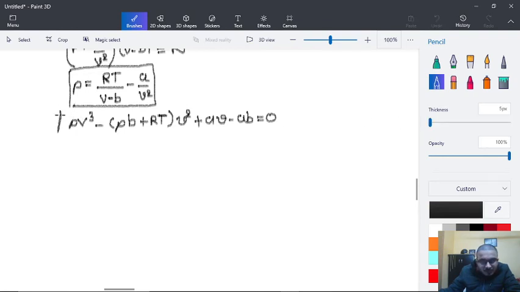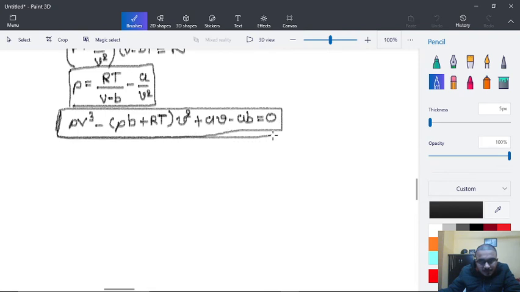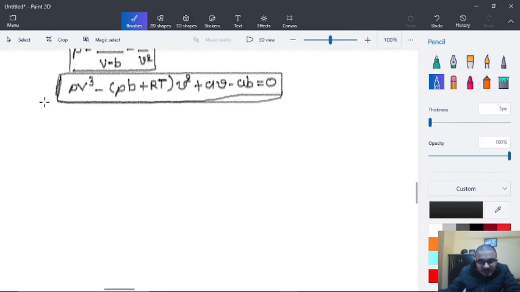So when we solve this equation we will be getting a graph between P and V. So we will not solve it mathematically but directly see the relation.